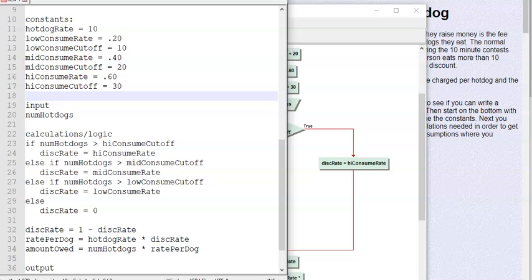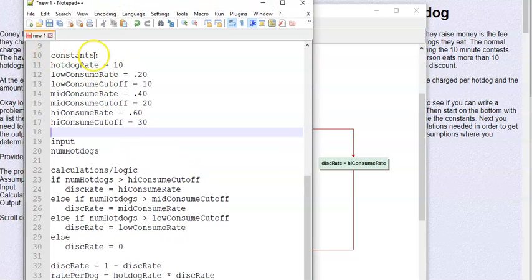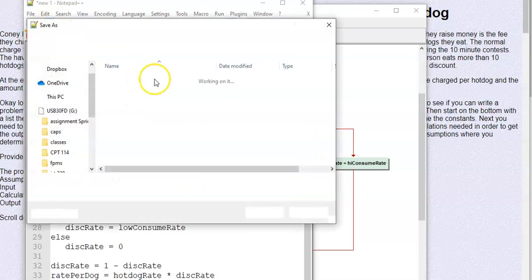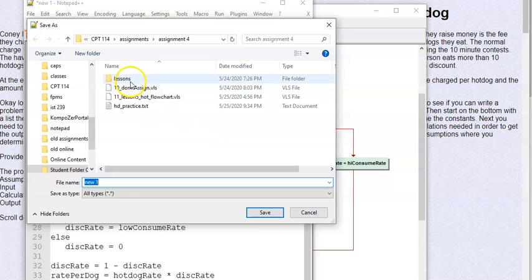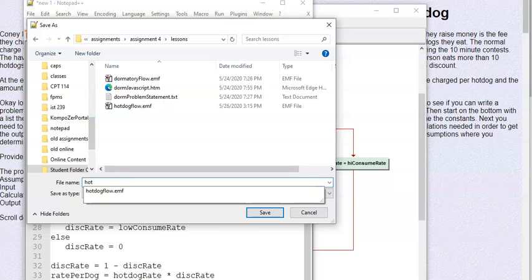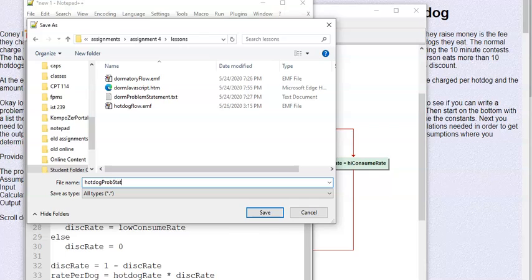And let's go ahead and save our Notepad++ now that we know that's correct because we tested it. So if I save it, that's assignment 4, lessons, and then this is going to be hot dog prob state.